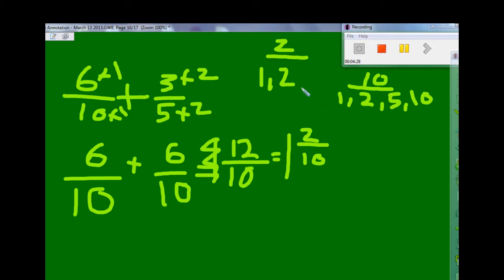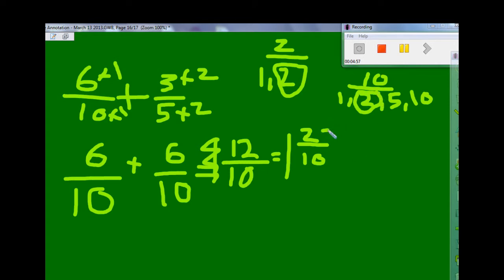So you want to ask yourself, what numbers are the same? There's a 1 here and a 1 here. There's a 2 here and a 2 here. But there's no 5 and no 10. So 2 would be what you would want to divide it by.